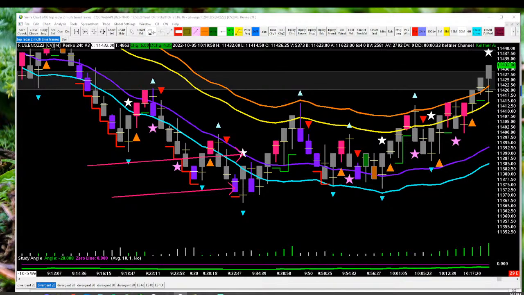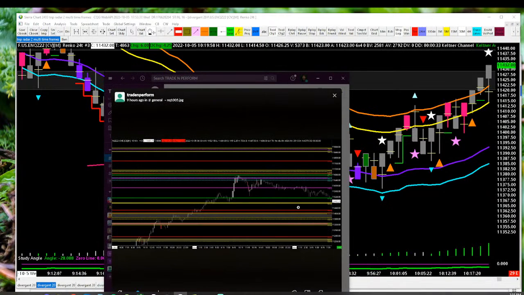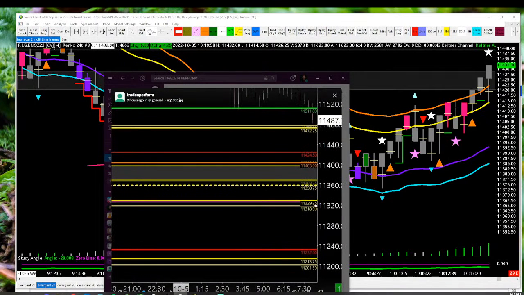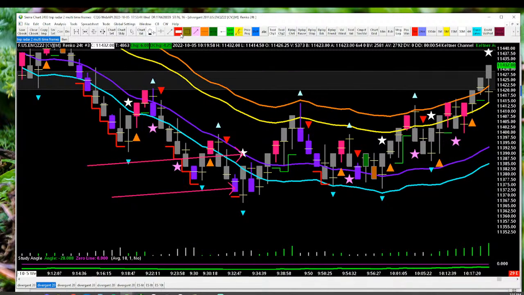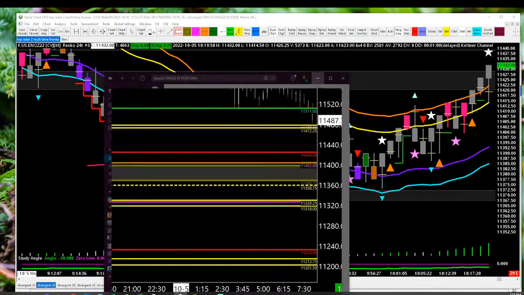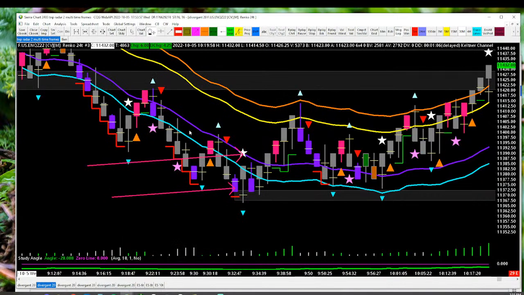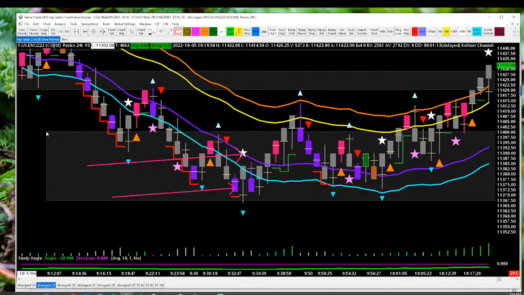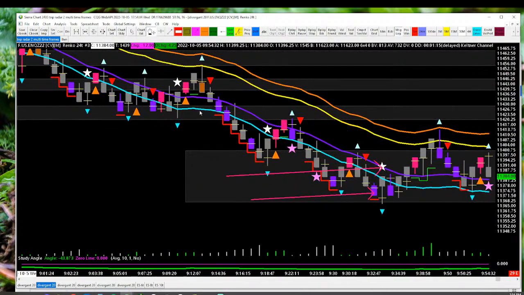So in NQ, we had, let's see, 68.75 was the bottom of the single prints. So basically we knew anything in here to, let's say, 400 or so, is where it could bounce.